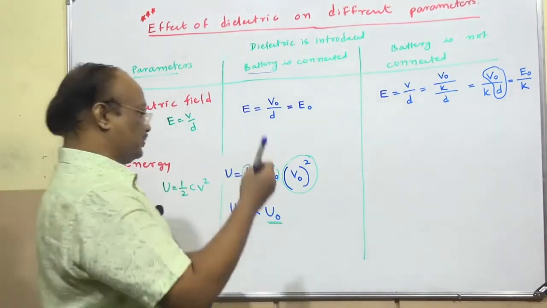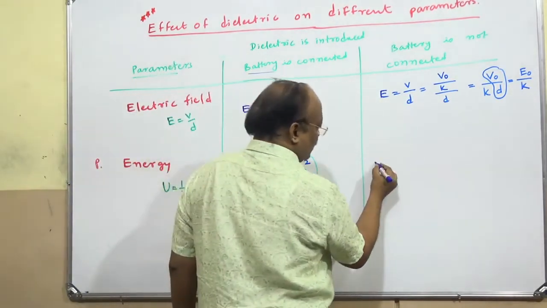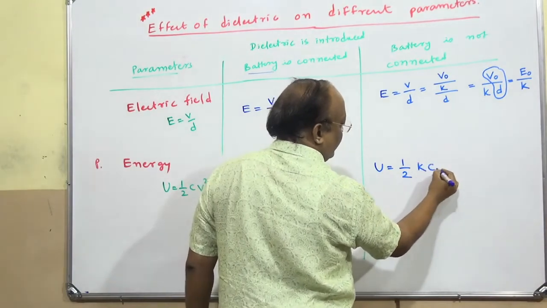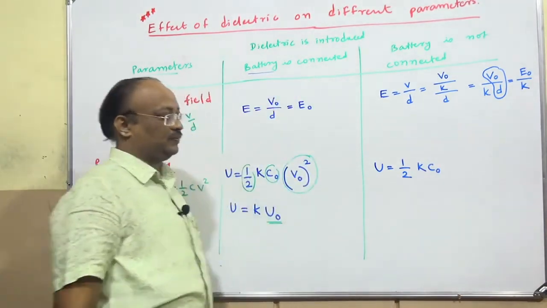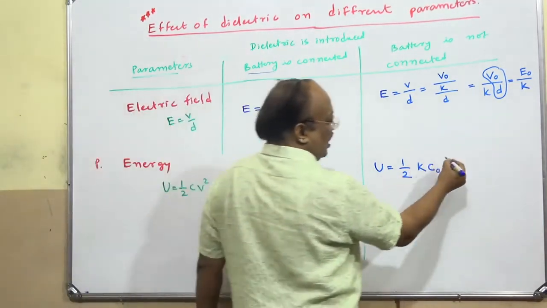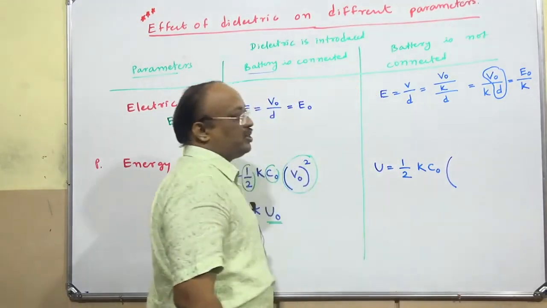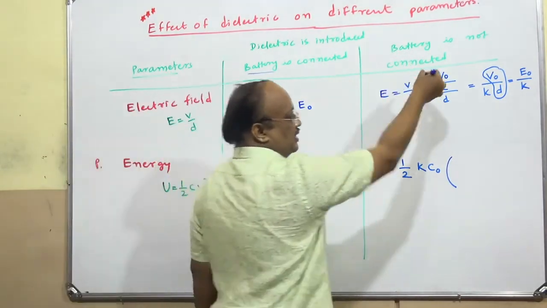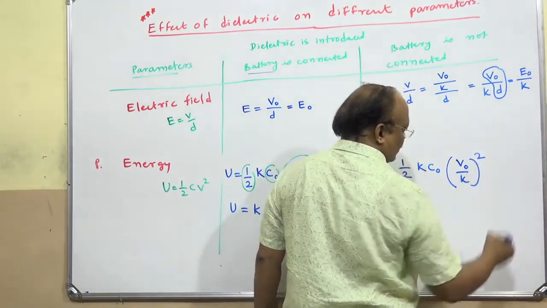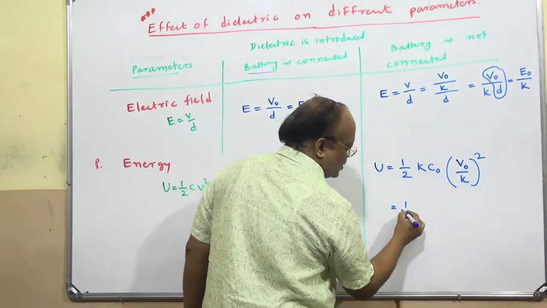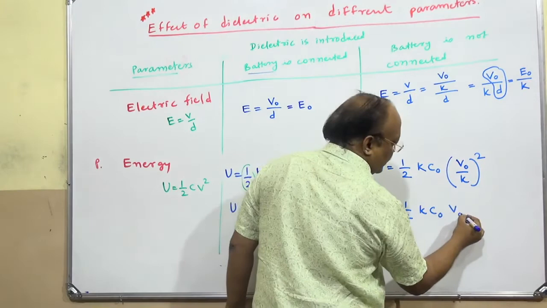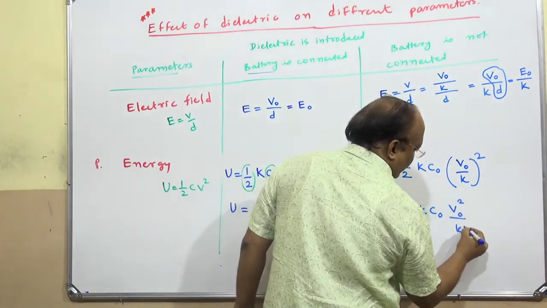What happens here? U is equal to half K times of C naught. And the potential here has decreased to V naught by K whole square. So this is equal to half K C naught V naught square by K square.